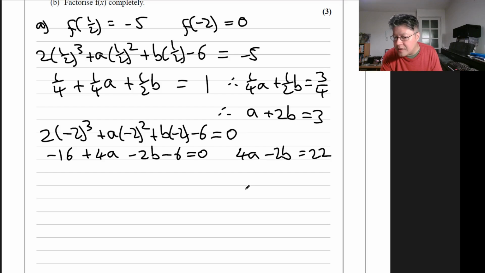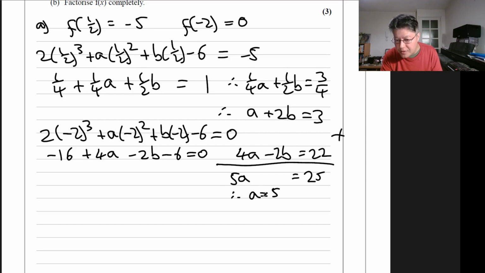And we just have to solve these simultaneous equations. You can use the calculator, or in this specific case, we see that we have a 2b and a minus 2b, so we can simply add the two equations up. So a plus 4a is 5a. The b's cancel, and equals 3 plus 22, which is 25. Therefore, a equals 5.